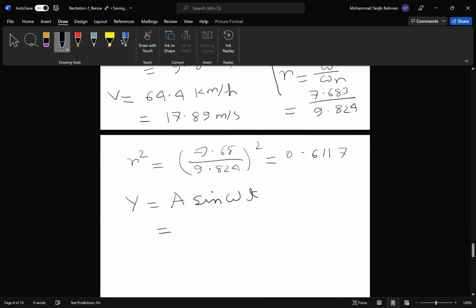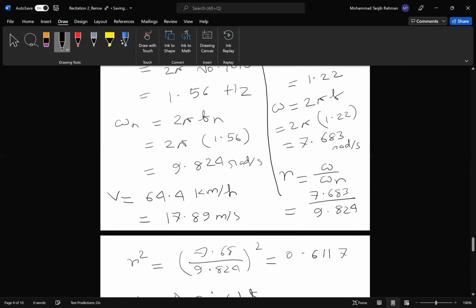So it's 7.62 into sine, and we just find the value of omega as 7.683 t.